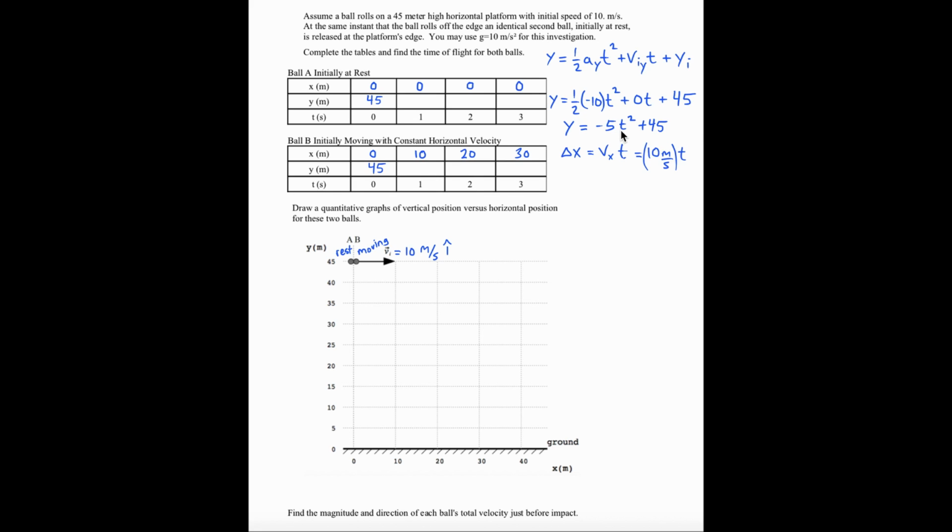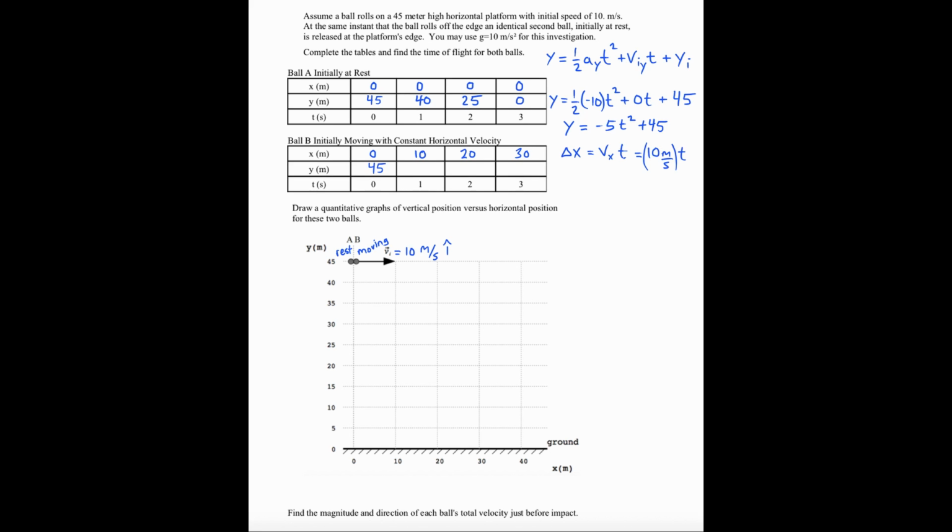When t is 1, our ball will be located at a height of 40. When t is 2, our ball will be located at a height of 25. And then when t is 3, it will be located at a height of 0.